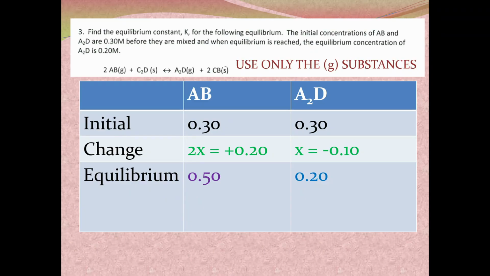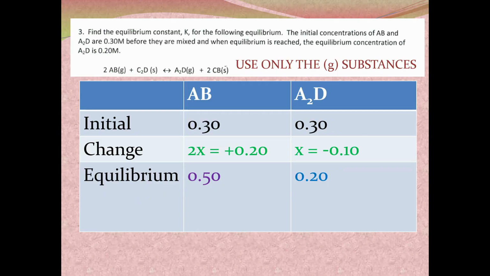So looking at this, I don't know what K is, I don't know what Q is, so I don't know whether it's going to go forward or backwards, but I have to make the assumption that if A2D is going down, the reaction must be going backwards, which means AB would have to go up. And it goes up by twice as much as what A2D goes down by.